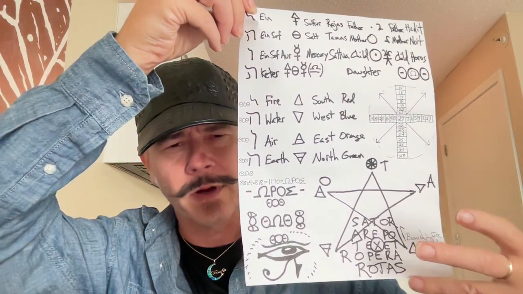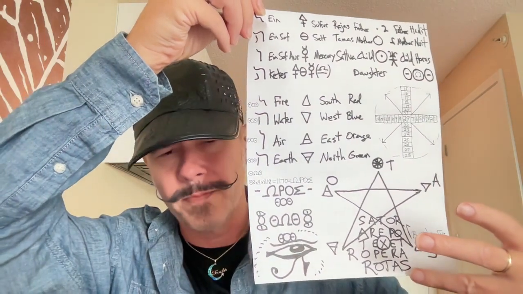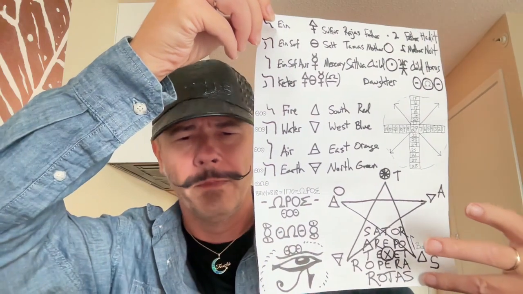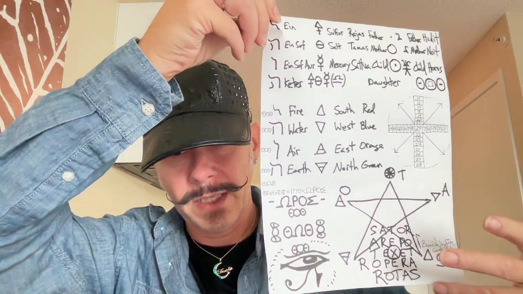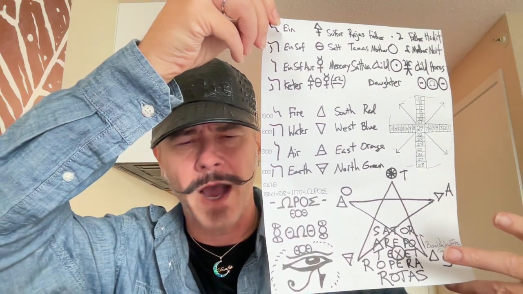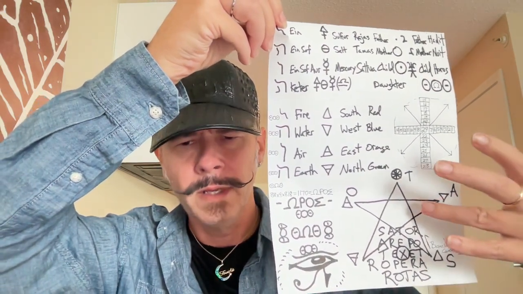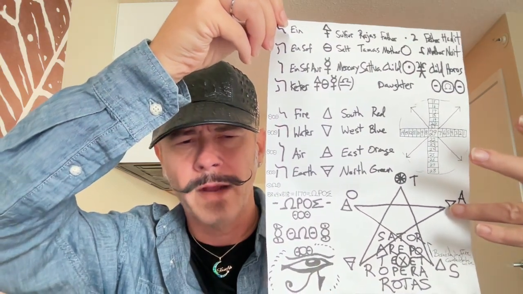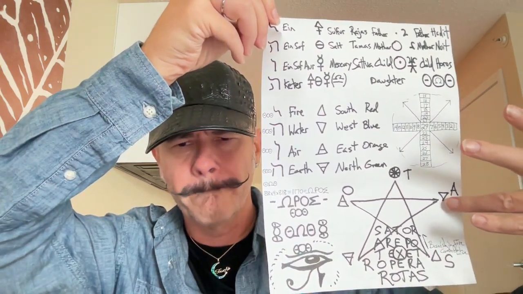The right bottom arm, that's where it actually starts. I was saying where it ended, but the pentagram symbolism begins with the right bottom arm, which represents fire. Then you go up to the right top arm, that represents water.